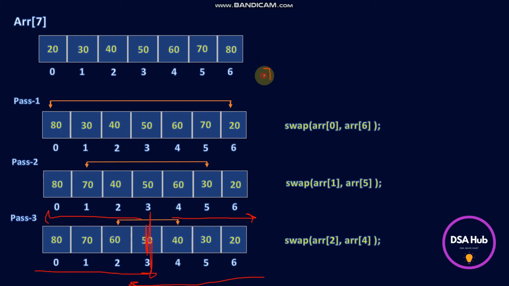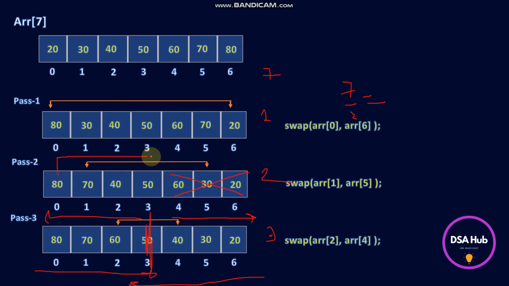See, the size of the array was 7, right? Here we swapped it once, one iteration. Here we swapped it a second time, second iteration, and here we swapped it the third time, that is the third iteration. Again, it is less than half of 7. Half of 7 is 3.5, so I don't need to go further. Just imagine if there were only four elements given.